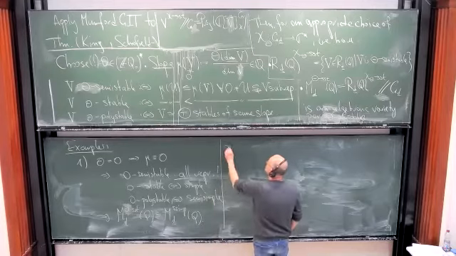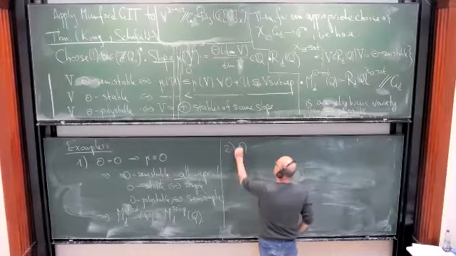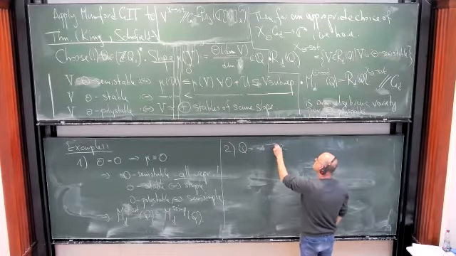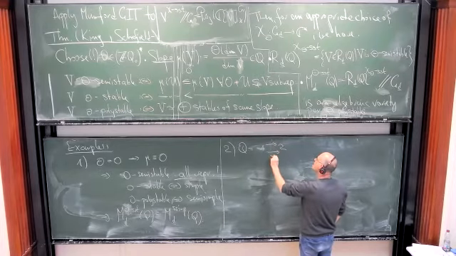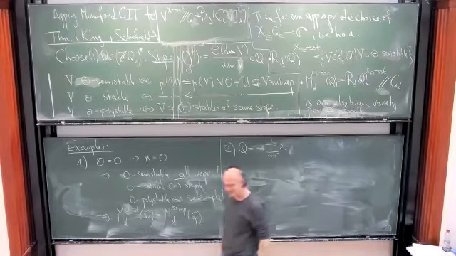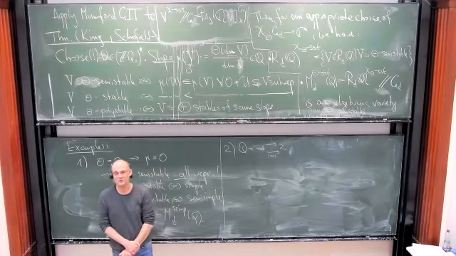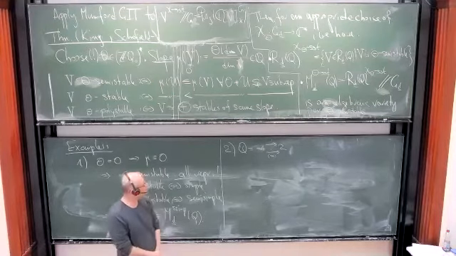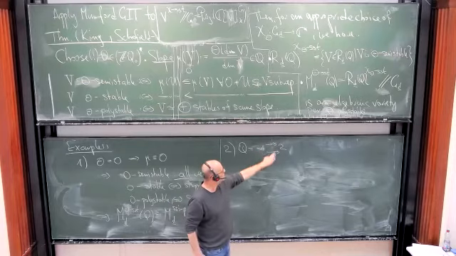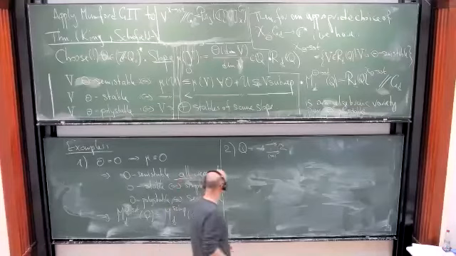Perfect. Second example, let's look at the generalized Kronecker quiver. It has 2 vertices, 1 and 2, and m arrows. Things get interesting if m is greater or equal to 3. If you look at the list of linear algebra problems from the first talk, things get interesting if you parameterize 3 or more linear maps up to simultaneous base change in the source and in the target.